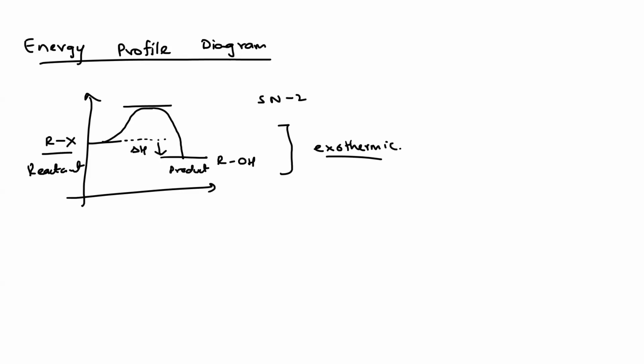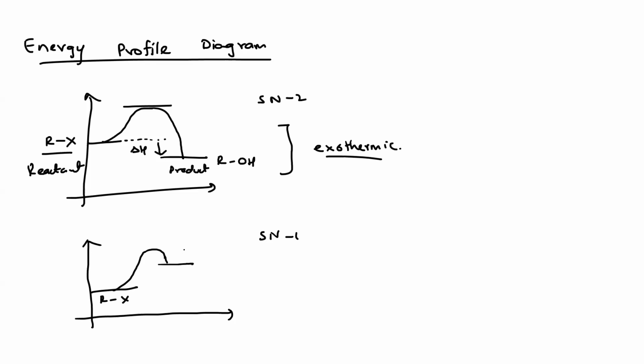What about an SN1 reaction? In an SN1 reaction, we have to recall that it was a two-step reaction. So the first step, that's an alkyl halide. It reaches some transition state, and then it forms an intermediate.